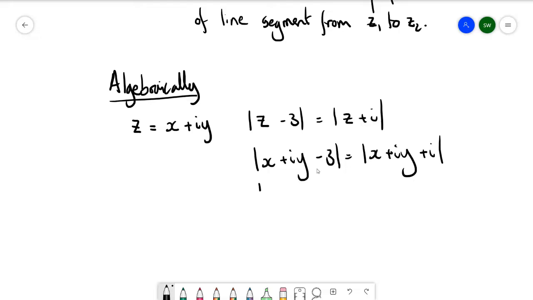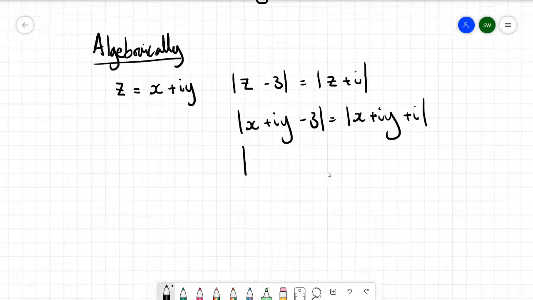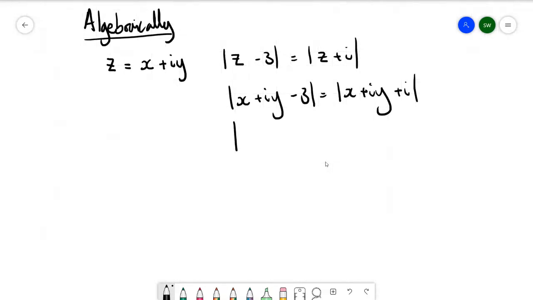And then we're always going to do the same thing, no matter what the locus is. We collect together the real parts and the imaginary parts. So we've got x minus 3 is the real part, and y is the imaginary part. And then inside this modulus, we've just got x is the real part, and then we'll take i outside of a bracket, and we've got y plus 1 as the imaginary part.